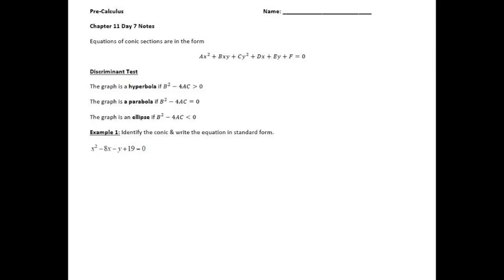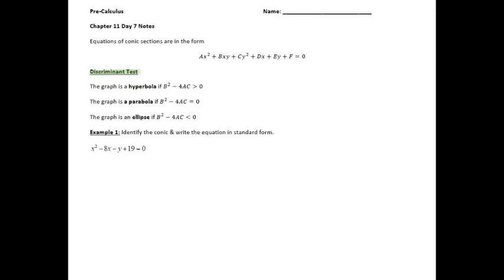So the first thing I want to talk about is what the discriminant test is. The discriminant test is a way for us, again, like I said, to check the type of conic we're dealing with before we even start rewriting or even looking at a graph of the equation. So one thing I want to point out is you see this long equation here. We have ax squared plus bxy plus cy squared plus dx plus ey plus f.